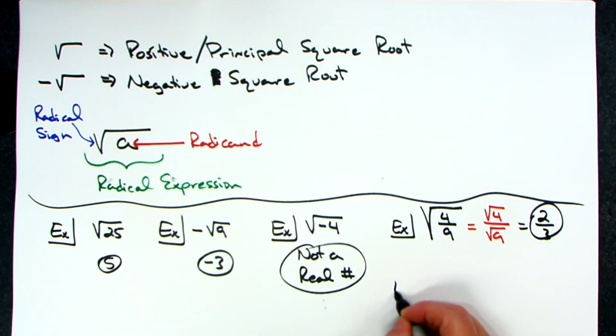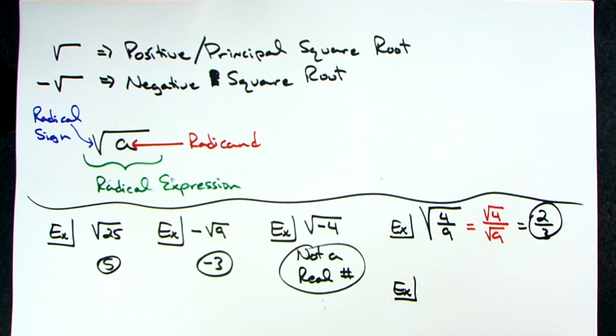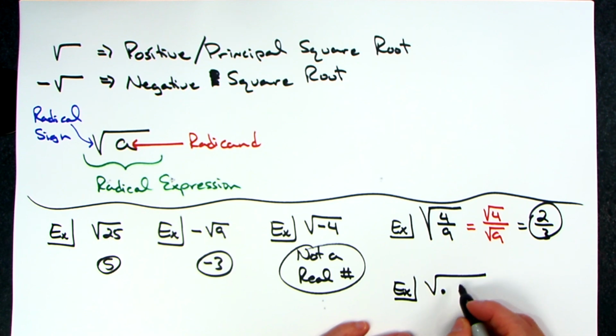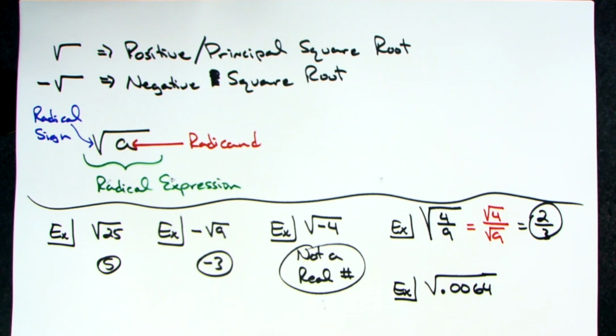All right, now one with a decimal. Again, they're going to make it a perfect square root. So like 0.0064. Obviously, yes, you can put that in your calculator. However, I would hope you could look at that and use a little common sense. If something times itself has to equal 0.0064, I know 64 is a perfect square, which is an 8.